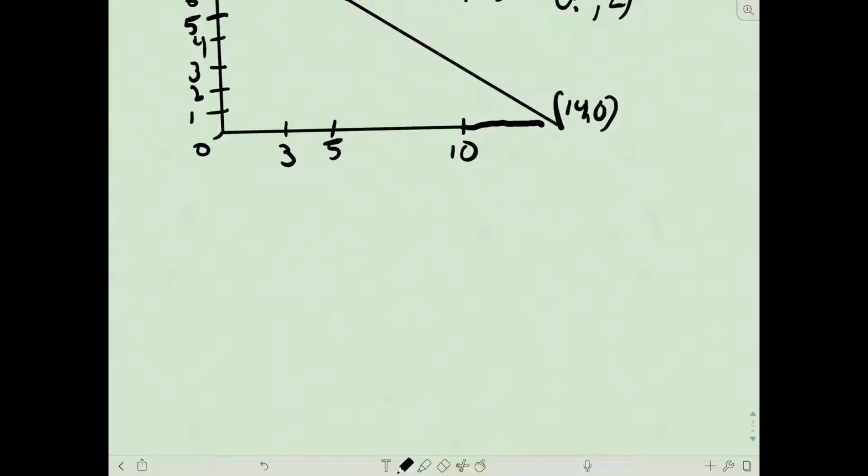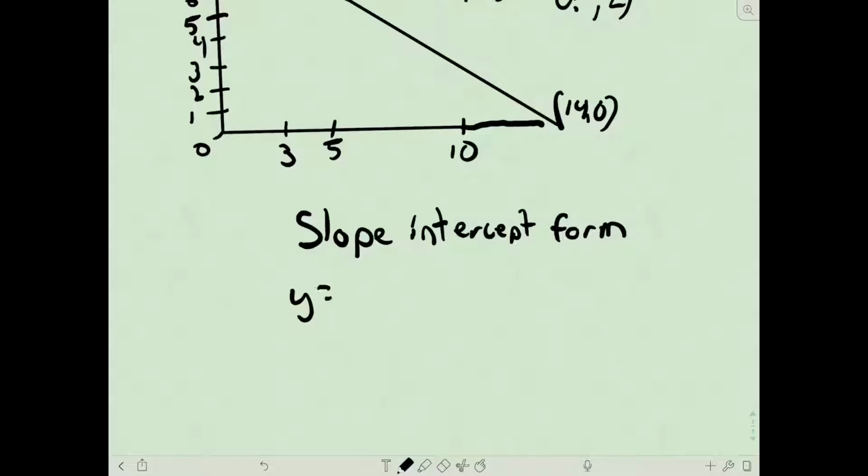We'll just take a quick look at slope-intercept form. And that is y equals mx plus b.